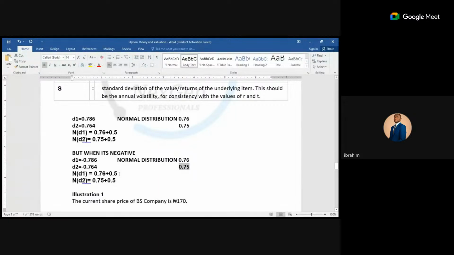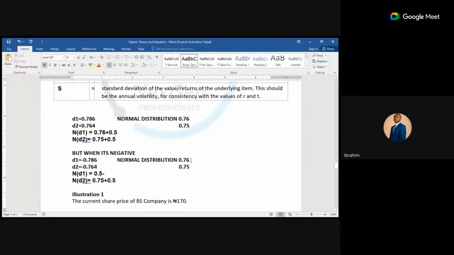So you subtract 0.5. So therefore, you will have 0.5 minus what you have here. I'm just using this.